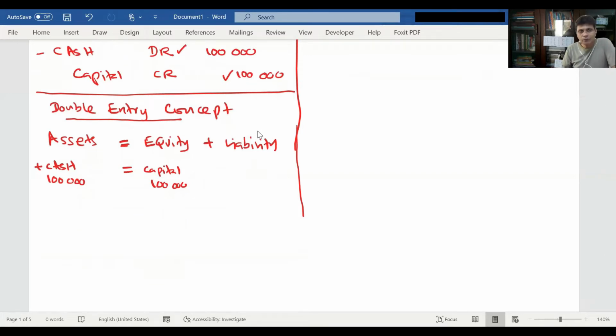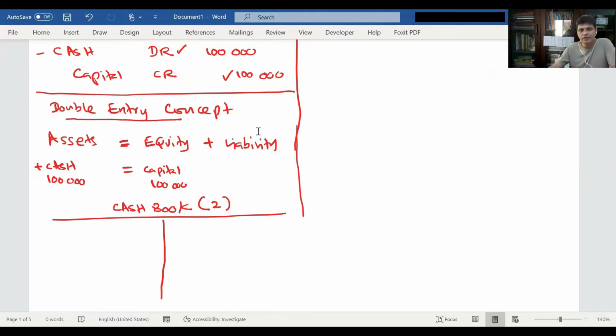You need to post this to the general ledger. What is the general ledger? You have a cash book. Please remember, the cash book has two columns, the cash column and the bank column.